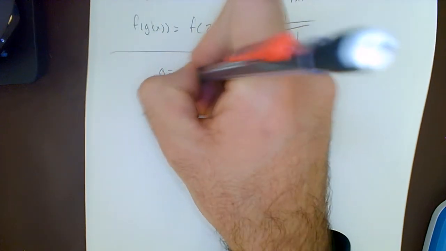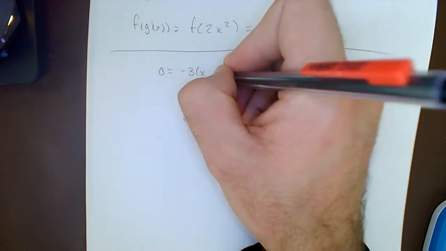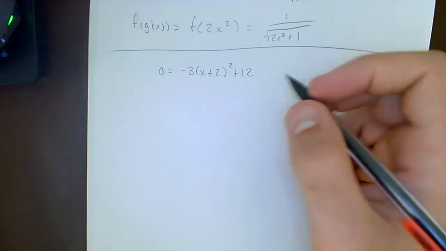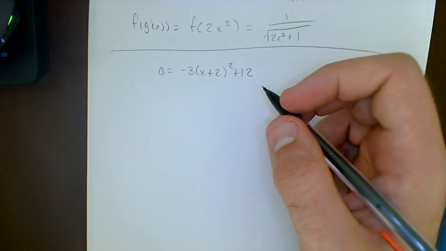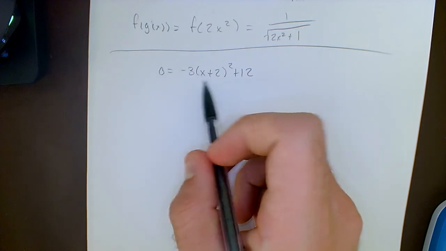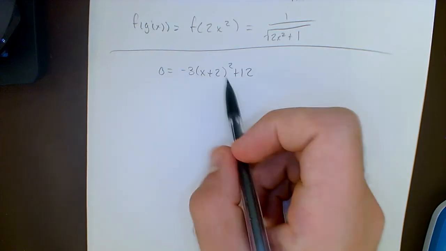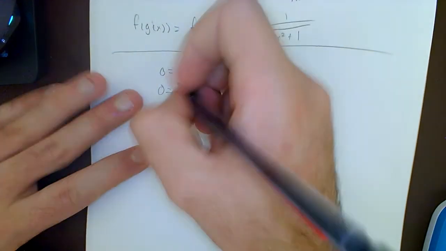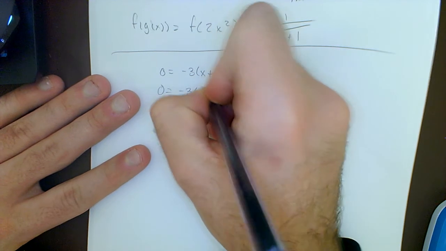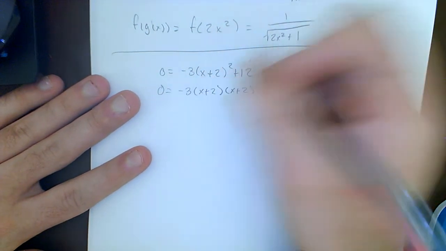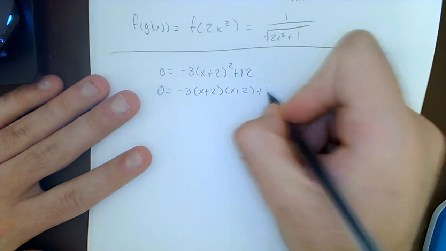Okay, so we're going to set 0 equal to negative 3 times x plus 2 squared plus 12 to find the x-intercepts. So now we did this in the last section, but we'll do it again. So we solve for x to find the x-intercept. So 0 equals, so we got to factor this out, so it's negative 3 times x plus 2 squared, and if you don't remember that x plus 2 formula, it's okay, we can just FOIL.